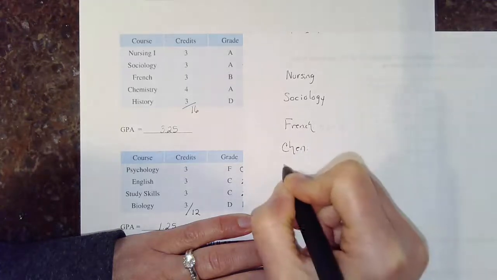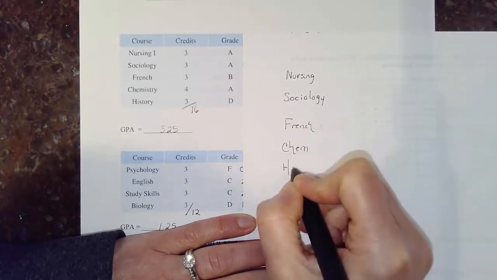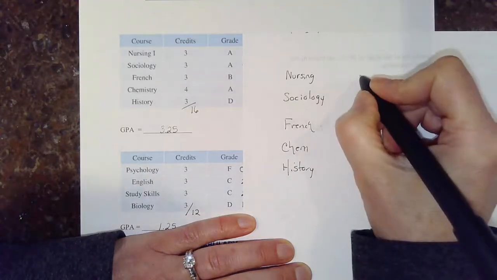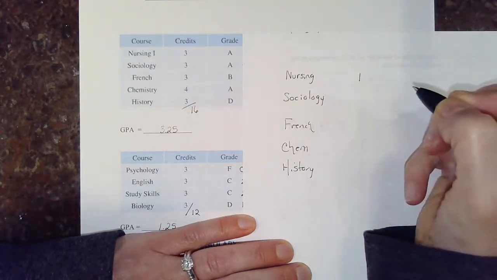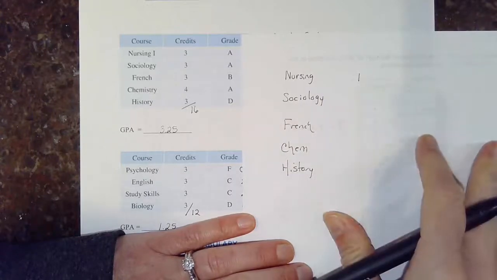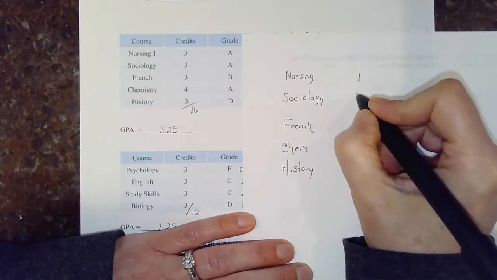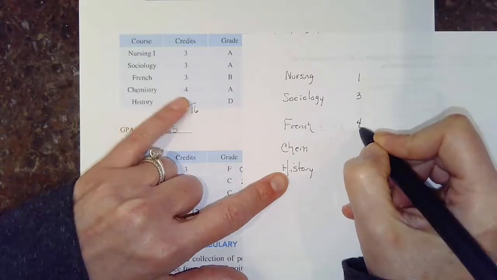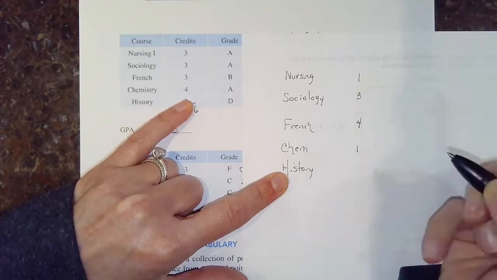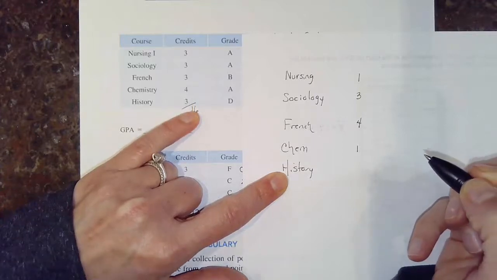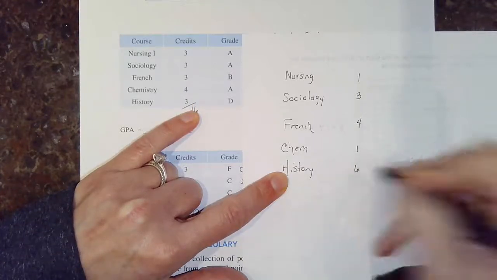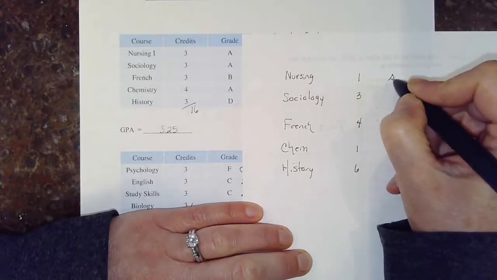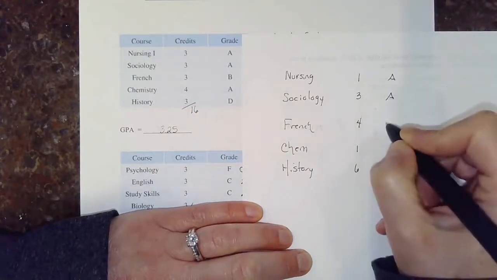I'm going to pretend that nursing was just a 1 credit class, that sociology was 3 credits again, the French class was 4 credits, this chemistry was just a 1 credit lab, and this history class was big. It was 6 credits. But they got the exact same grades. An A, an A, a B, an A, and a D.